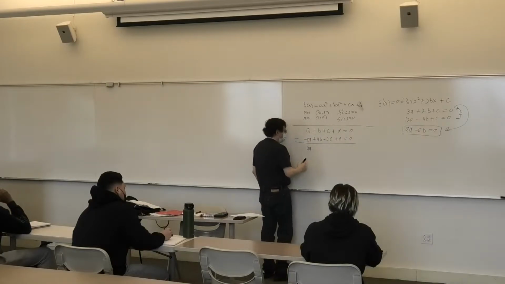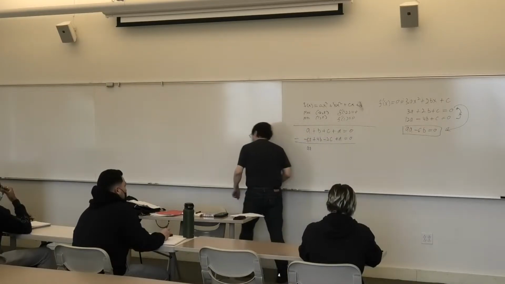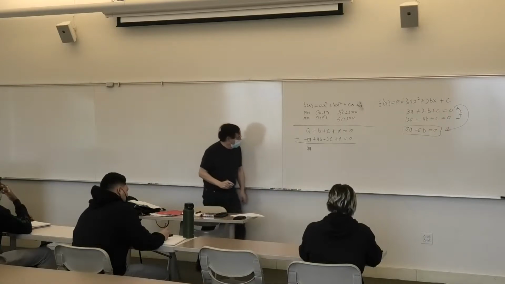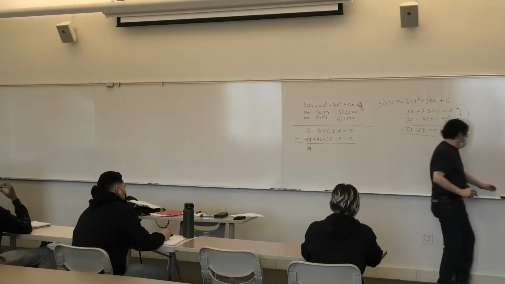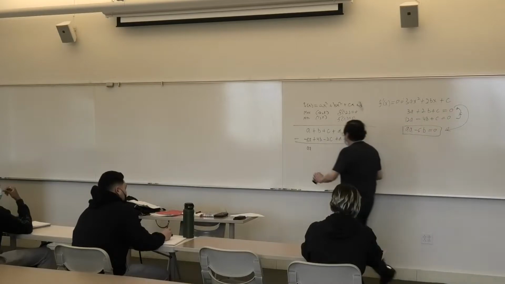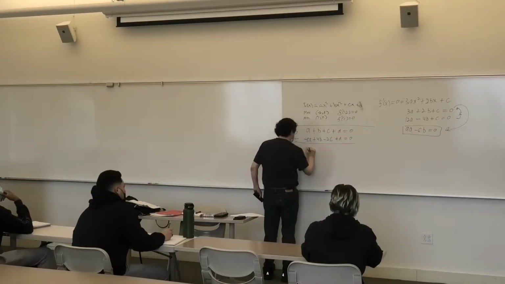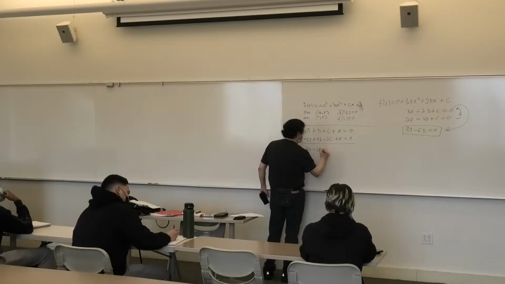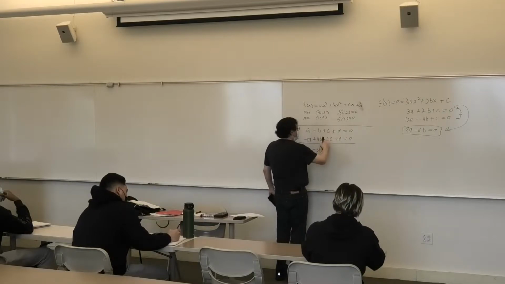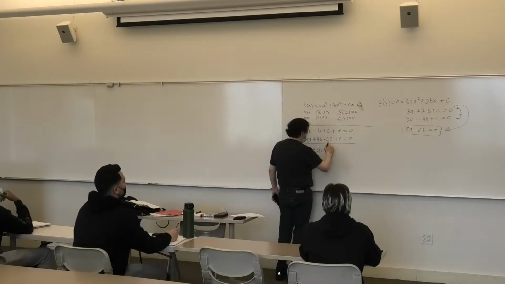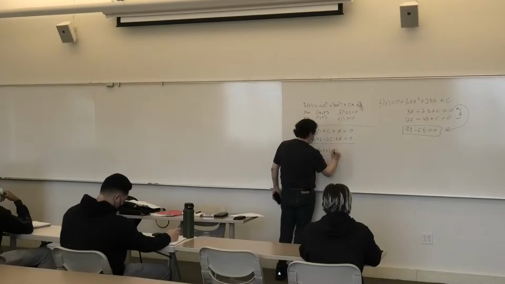That'll give me another equation of 3 unknowns. Should be careful putting a 9 next to an a. 9a minus 3b, c minus 2c is plus 3c equals 0.